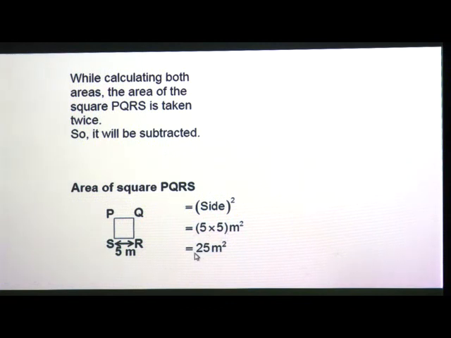So, what we have done? We have found the area of the path as well as the area of the square between the paths, that is PQRS.